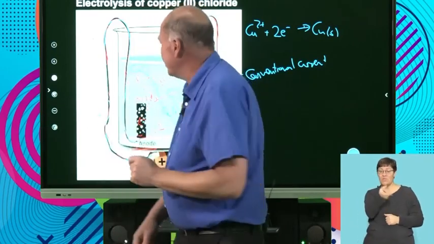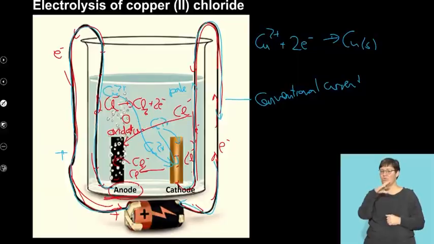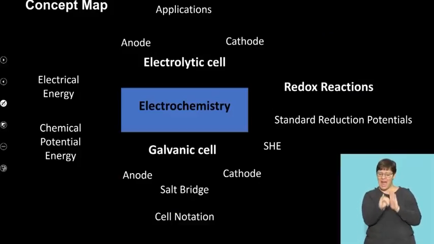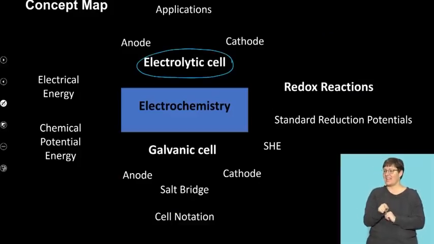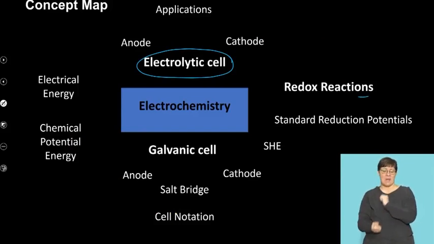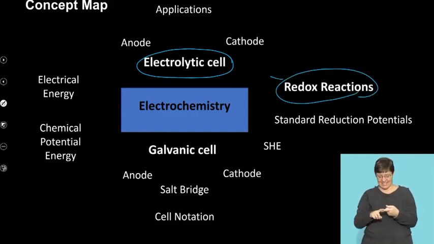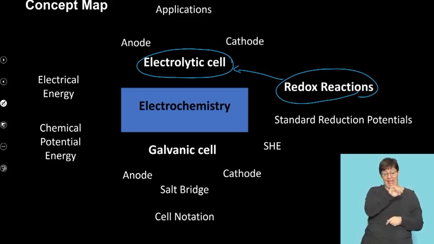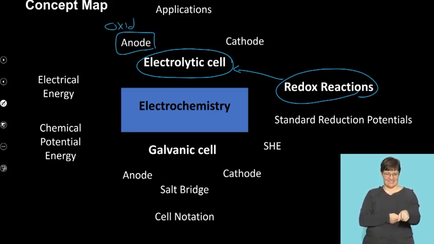So just make sure that you understand, as we look at the electrolytic cell, that we've identified that there is a redox reaction happening. Yes, we know that. And we recognize that at the anode, there is oxidation taking place.